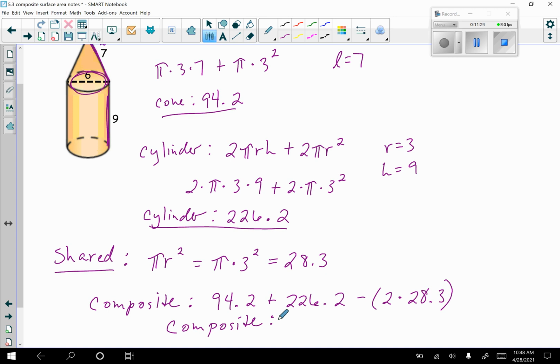So 94.2 plus 226.2 minus 2 times this 28.3. Okay, and we will get 263.8 units squared, because they don't give us the unit. So there you go.